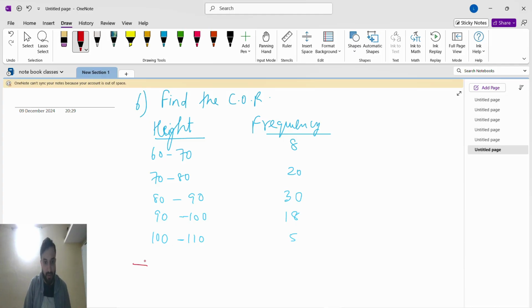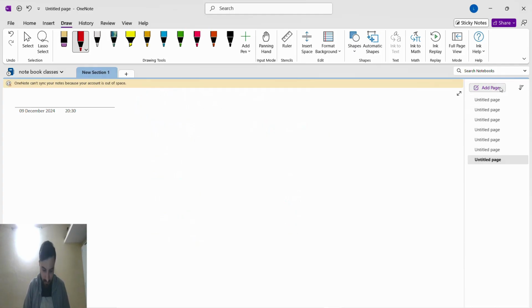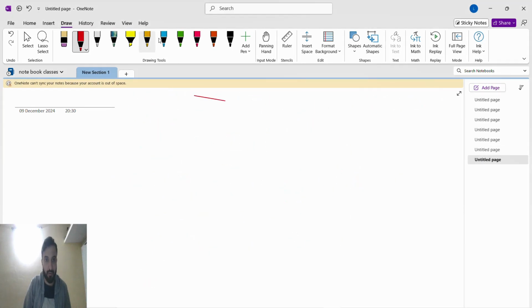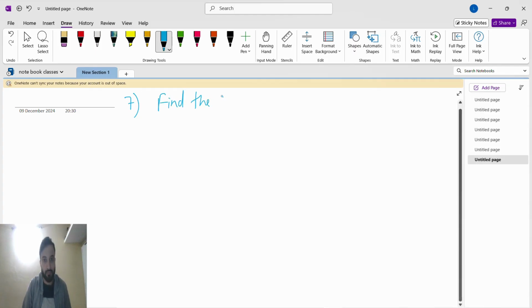Let me write the question, guys. Another two questions are there, so let me write them first. Question 7: find the coefficient of range for the following data.